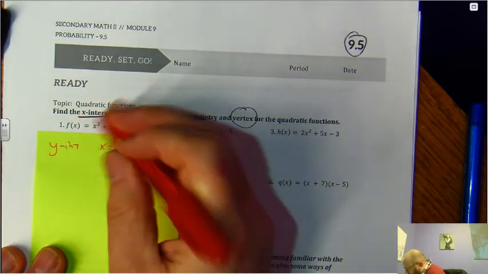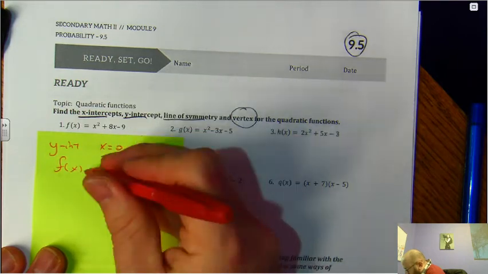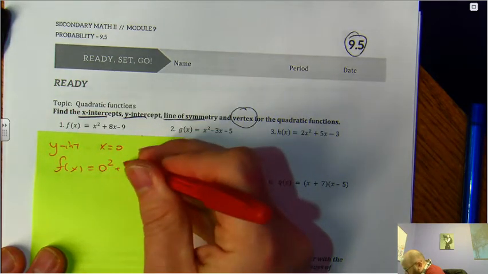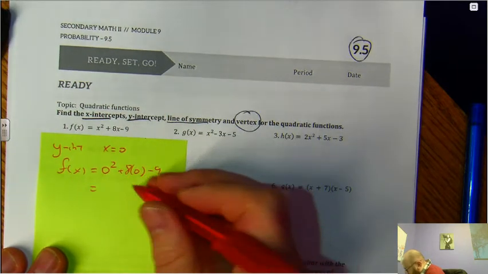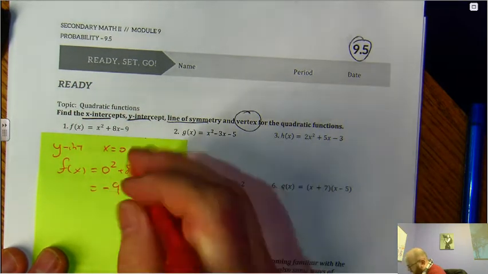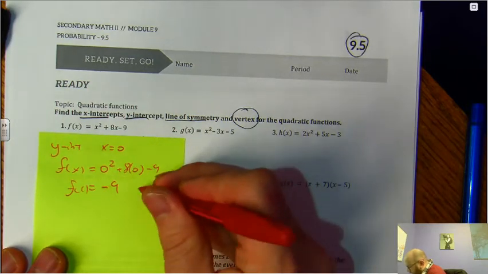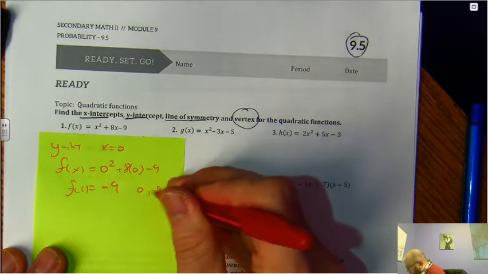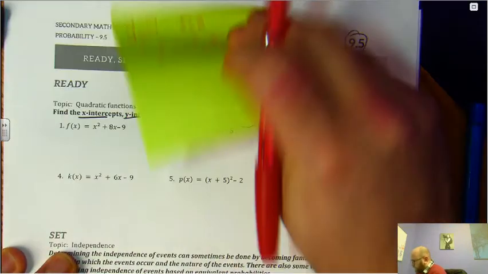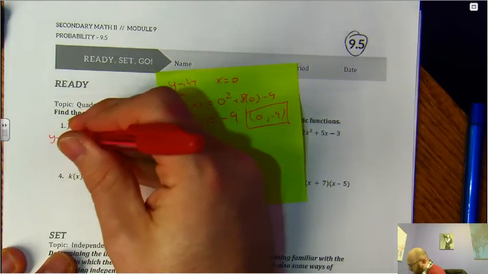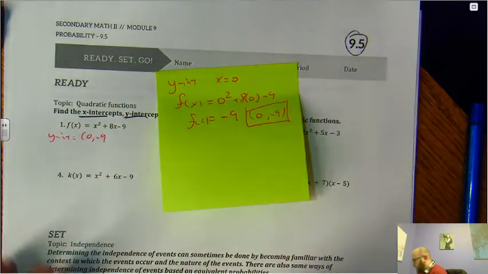So all I have to do to find my y-intercept is plug in 0 for x. 0 squared is 0, 8 times 0 is 0, so this is just negative 9. So I know that the point (0, -9) is my y-intercept. Beautiful.